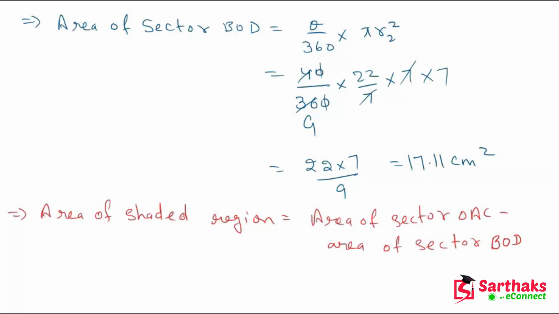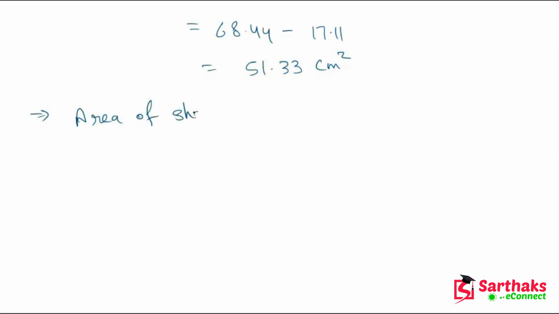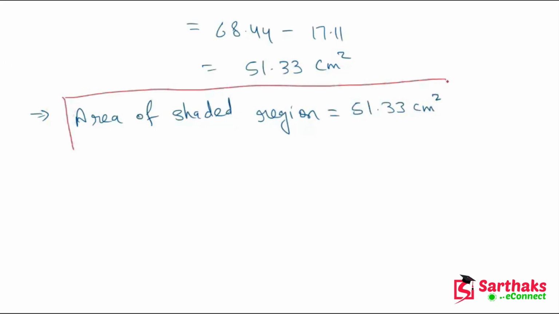So this will be equal to 68.44 minus 17.11. If we solve this, we get 51.33 centimeters square. So the area of the shaded region is equal to 51.33 centimeters square. I hope, my dear friends, you understand these things.